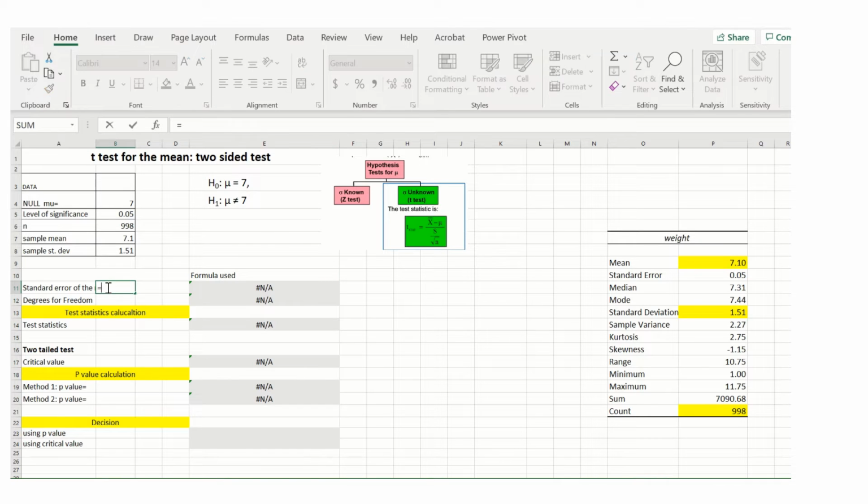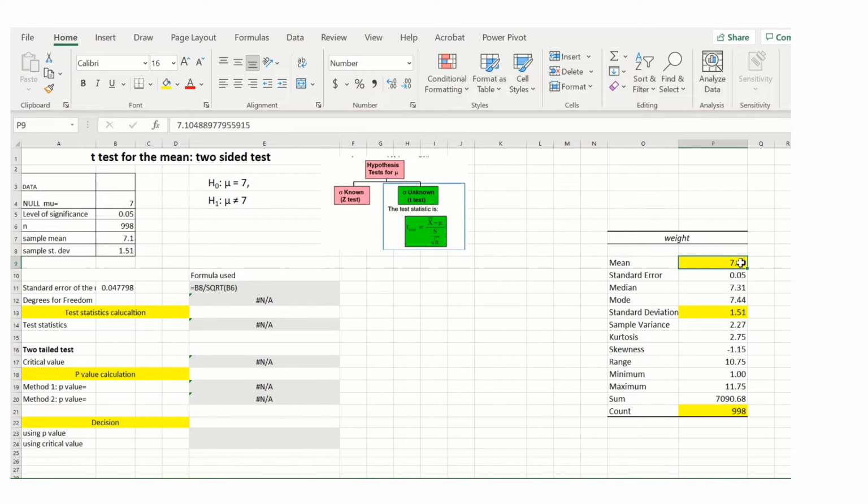The formula is, since we don't know the population standard deviation, we rely on the sample standard deviation and divide by the square root of n. This is the denominator in our test statistics. So if we keep doing it many times, on average that is the standard error of sample mean, like 7.10. So it will have that much of deviation.